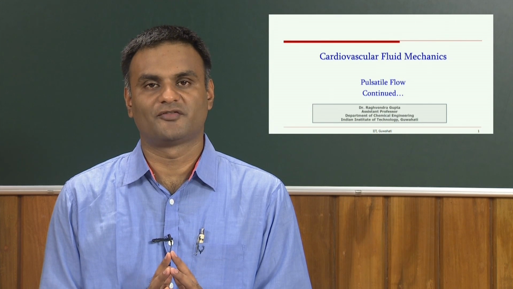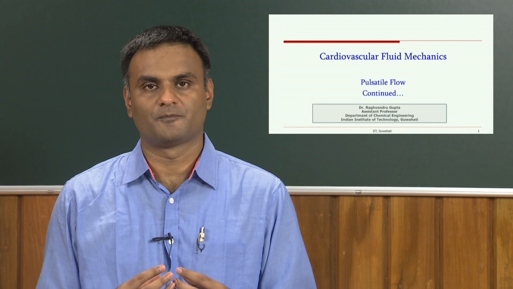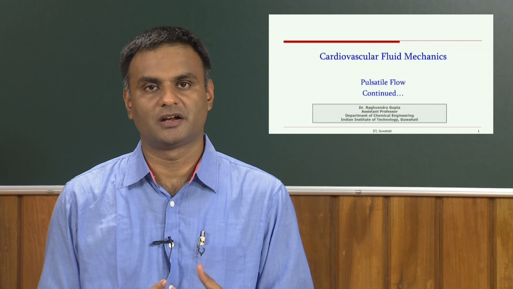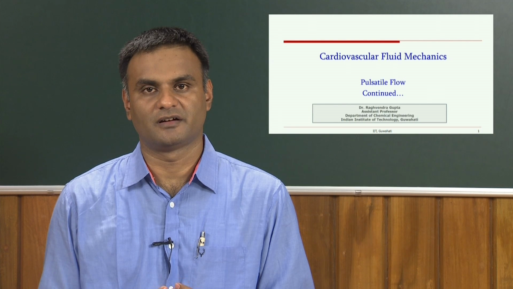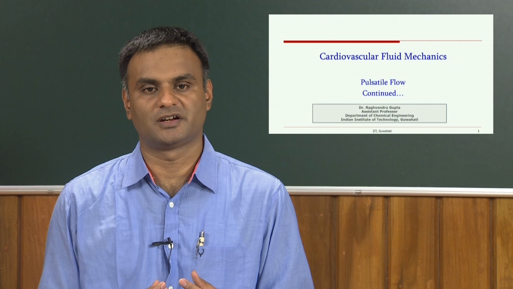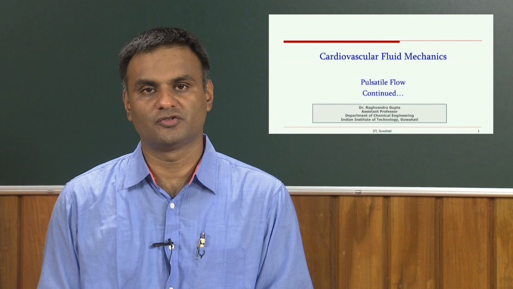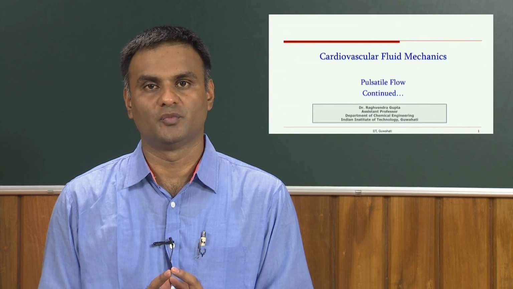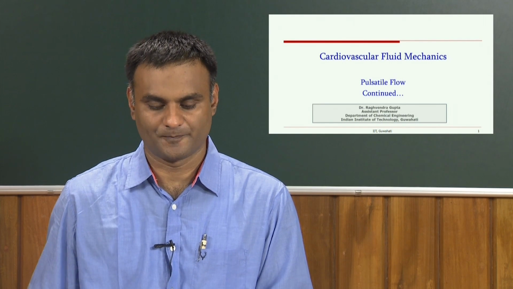For a fully developed flow, we derived the relationship between velocity and pressure gradient for a sinusoidal pressure gradient, with the time dependence exponential in terms of complex numbers. In this lecture, we continue where we left off and discuss a few more characteristics of pulsatile flow in rigid tubes.